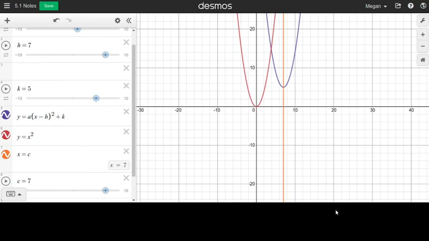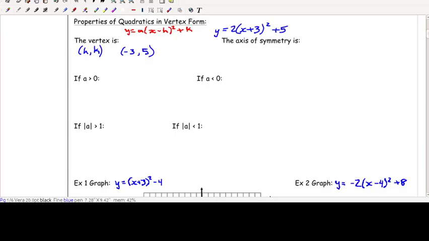So in this case, the general equation for my axis of symmetry is going to be x equals h. This is my vertical line, the equation of my vertical line. And looking at my example that I got up here, h was, again, negative 3 from my vertex. So this particular parabola has the axis of symmetry of x equals negative 3.